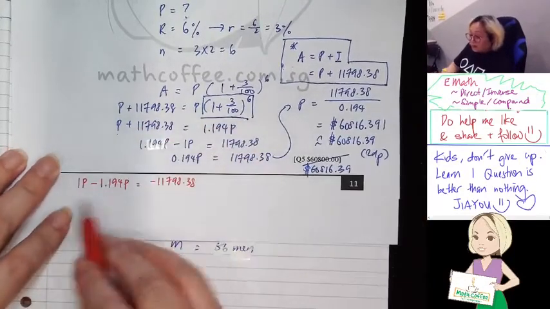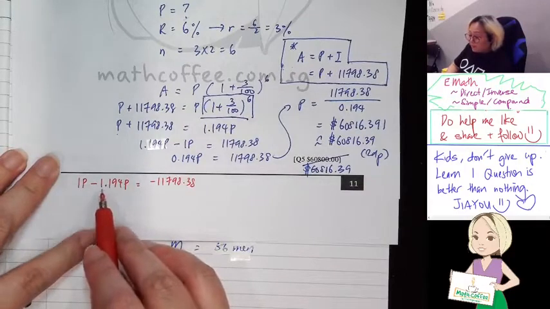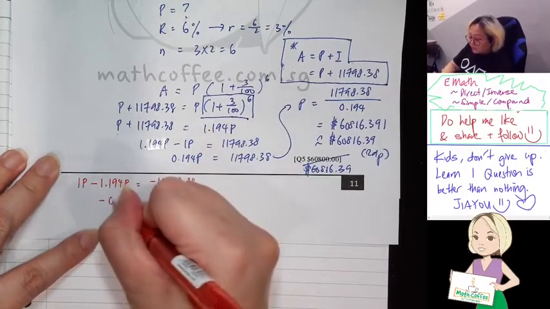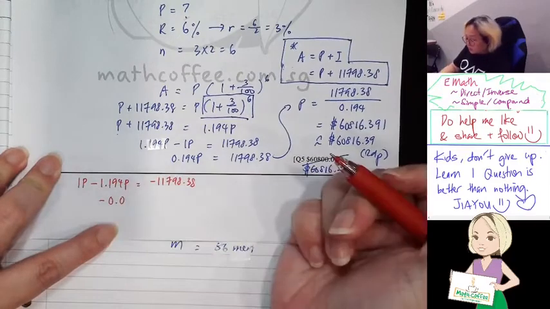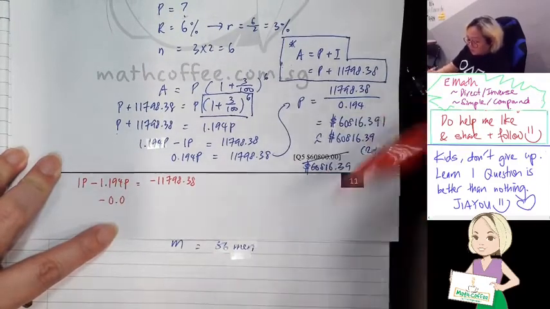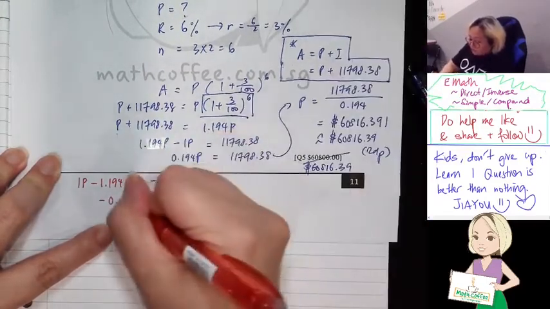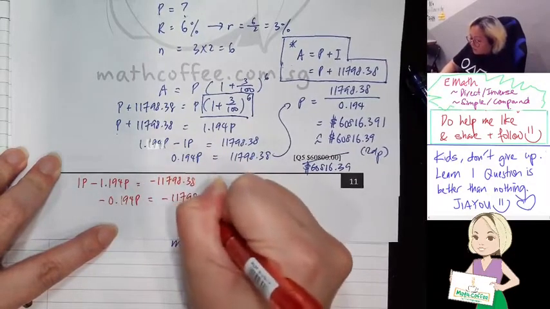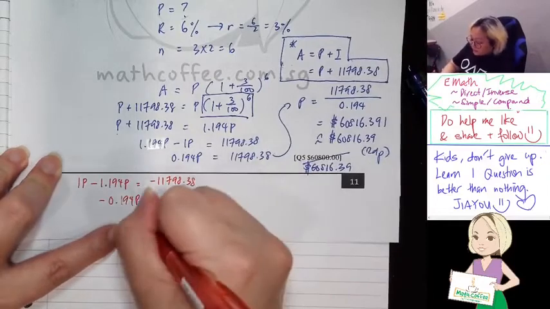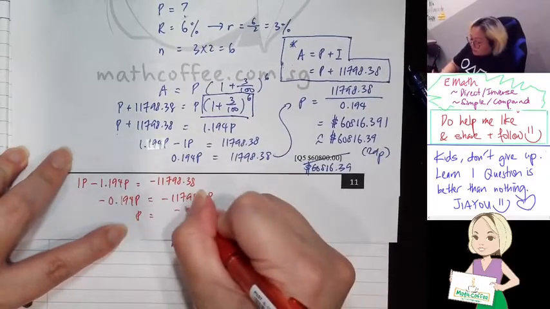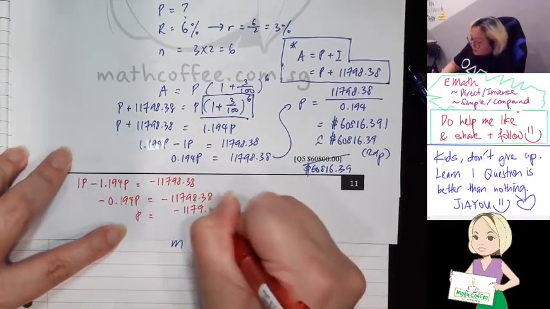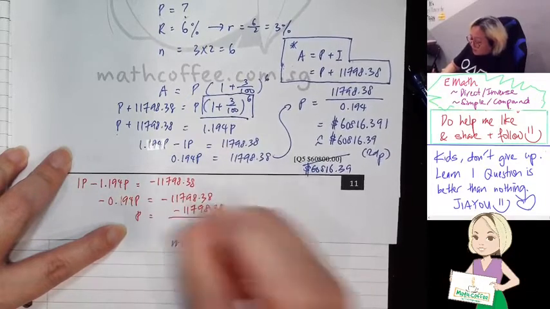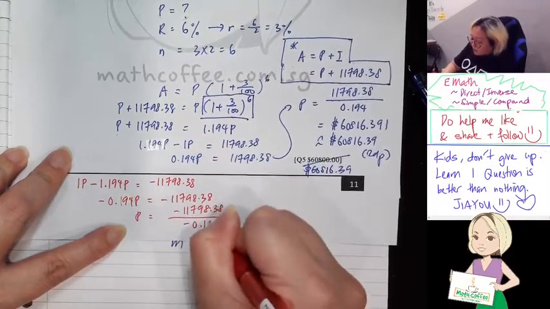Then 1 minus 1.194, you get negative 0.194P equals negative 11798.38. Then after that, P becomes negative 11798.38 divided by negative 0.194.